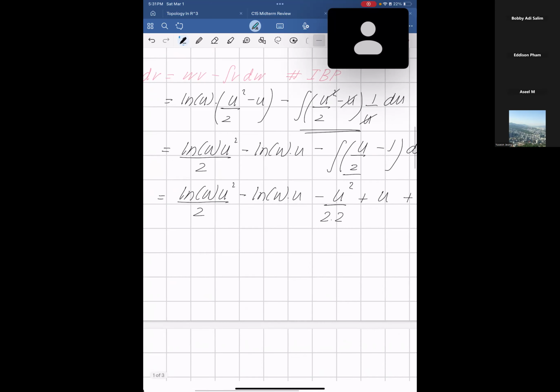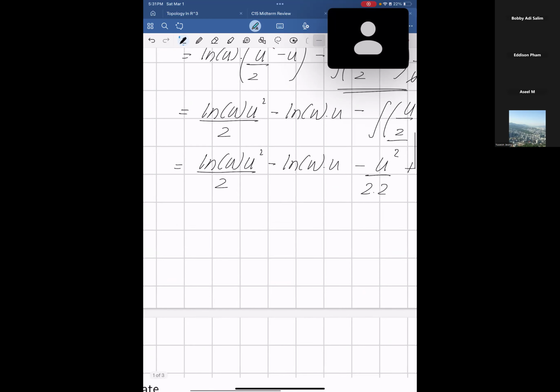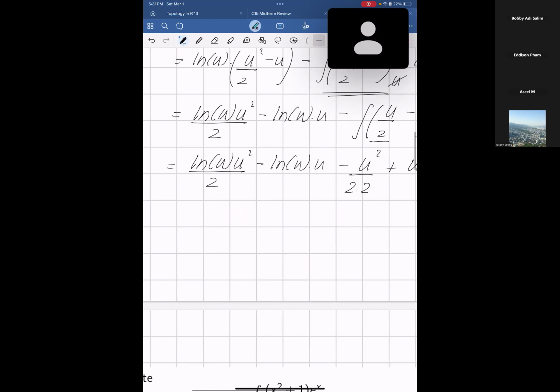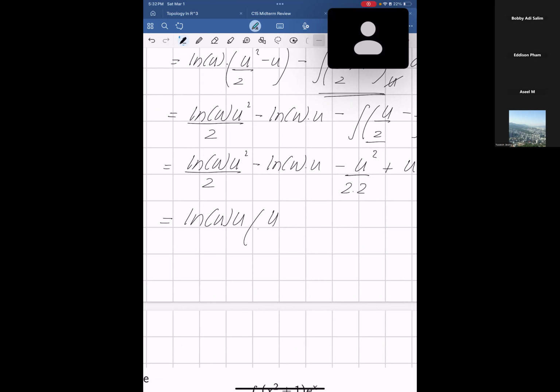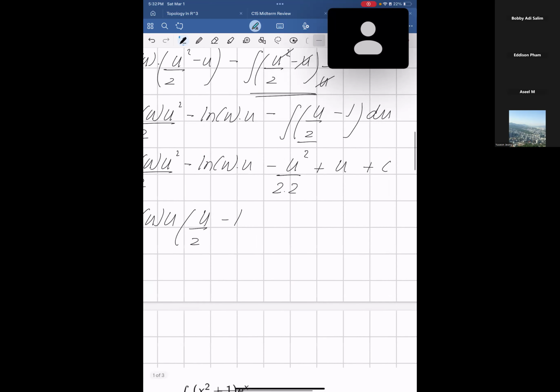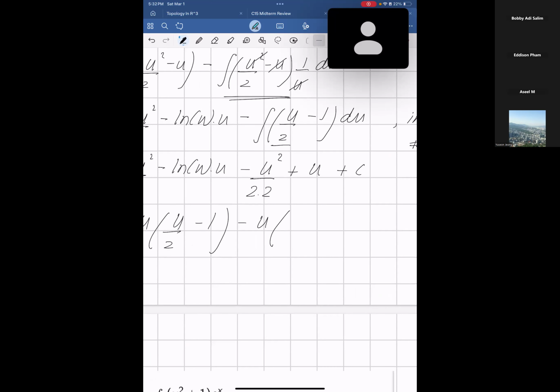And then you have to remember that this was a u substitution, so you have to substitute your u value again. So this would be ln of u. I'm going to factorize it by taking the common factor outside: u over 2 minus 1. And this is just minus u squared over 4 minus 1 plus c.